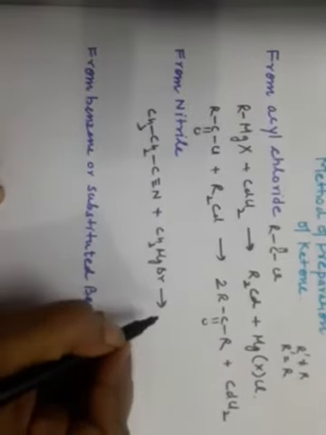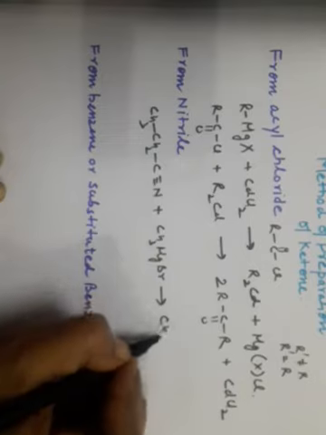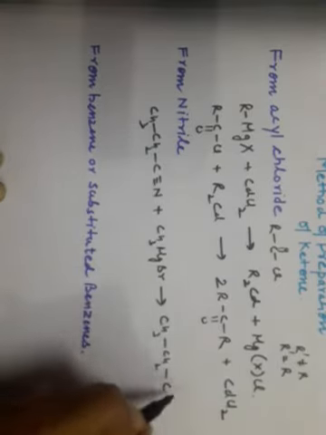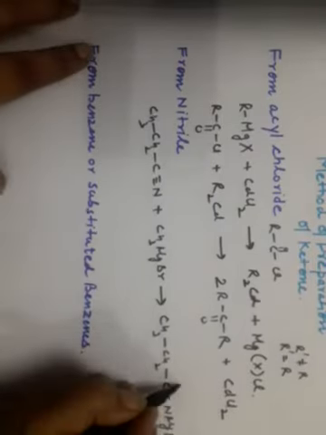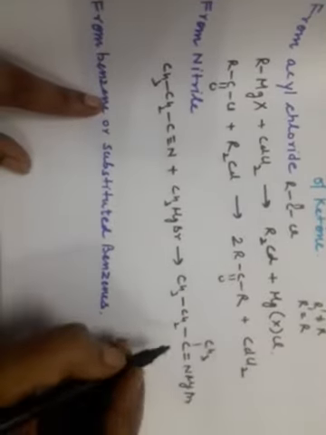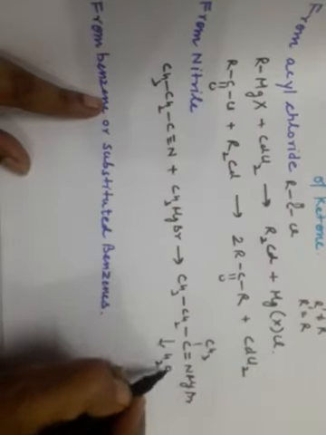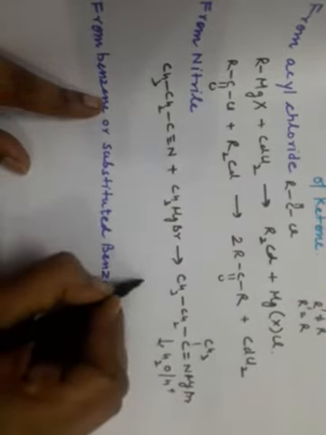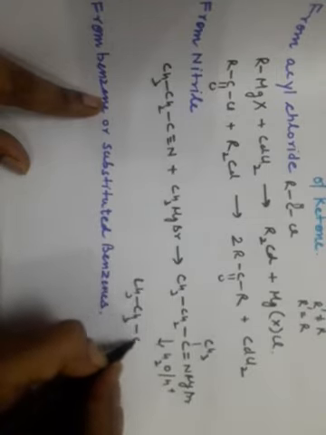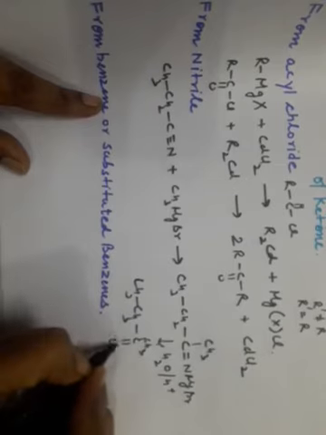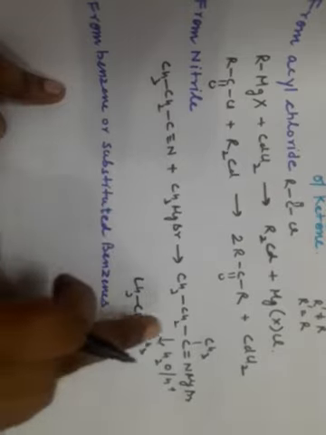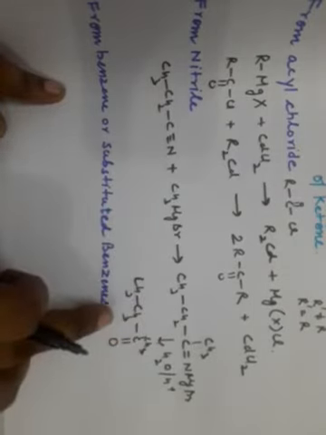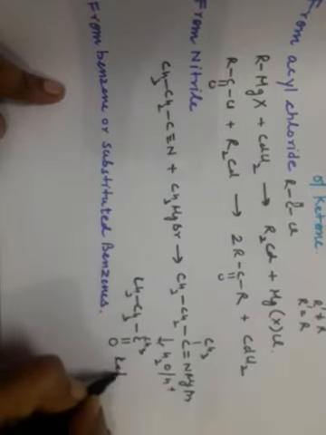Here an addition reaction takes place, and when we do the hydrolysis of this addition product in acidic condition, we get ketones. So again repeating, the nitrile group reacting with Grignard reagent gives the formation of an addition product, and this addition product on hydrolysis gives us ketones.